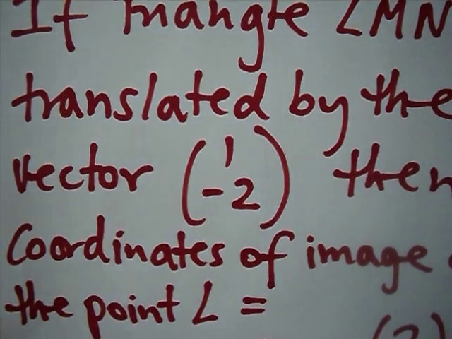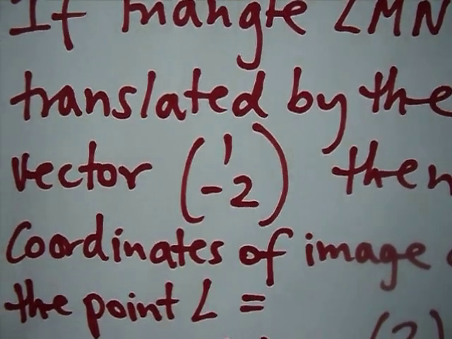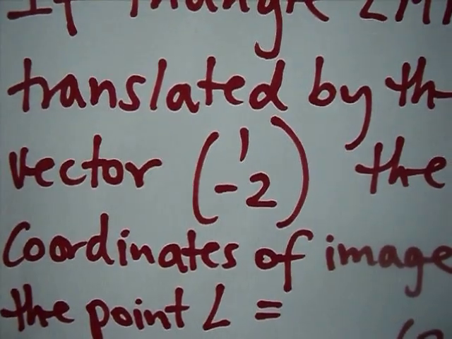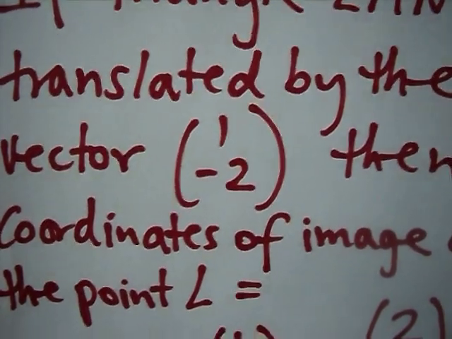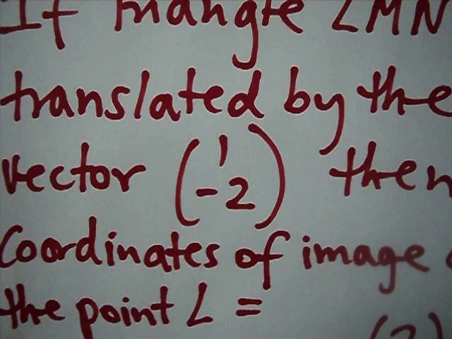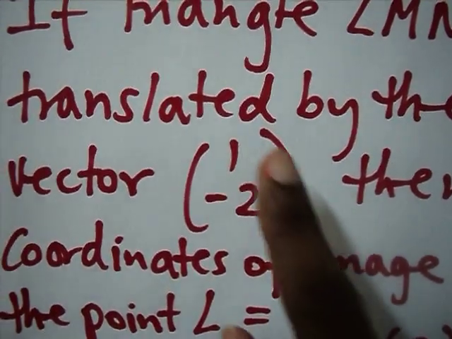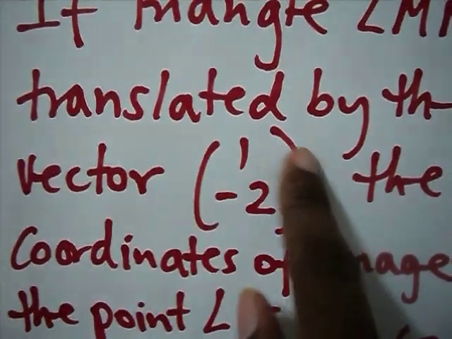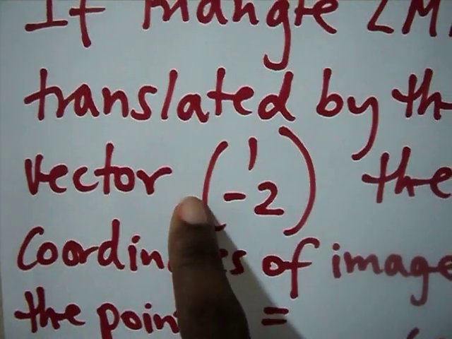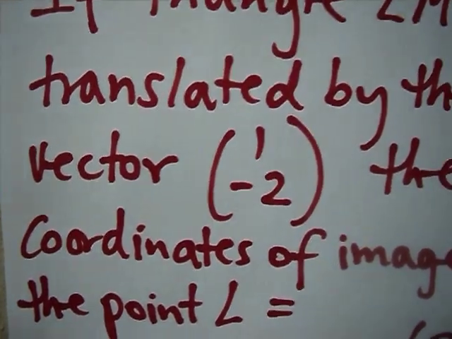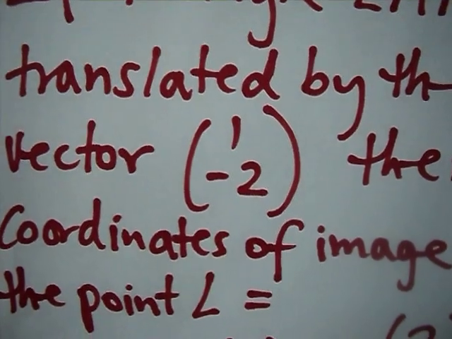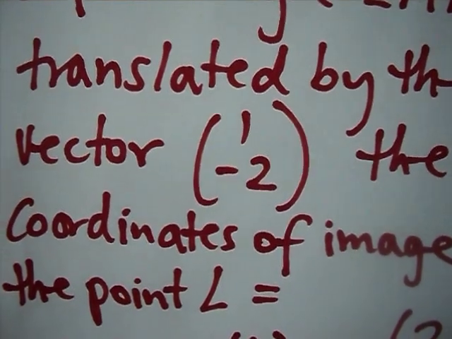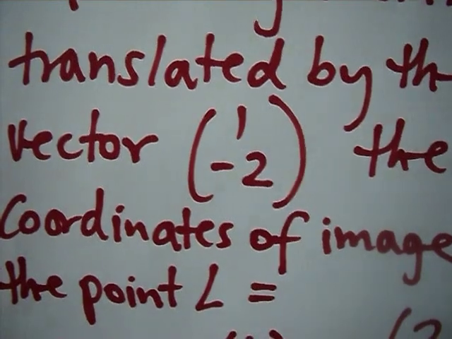The easier one, I normally add. On the graph, you can also use the graph. We will do it both ways. Let us see what's going on. The translation you have, now note this is the X direction, this is the Y direction. And when we translate a figure, we add the coordinates.